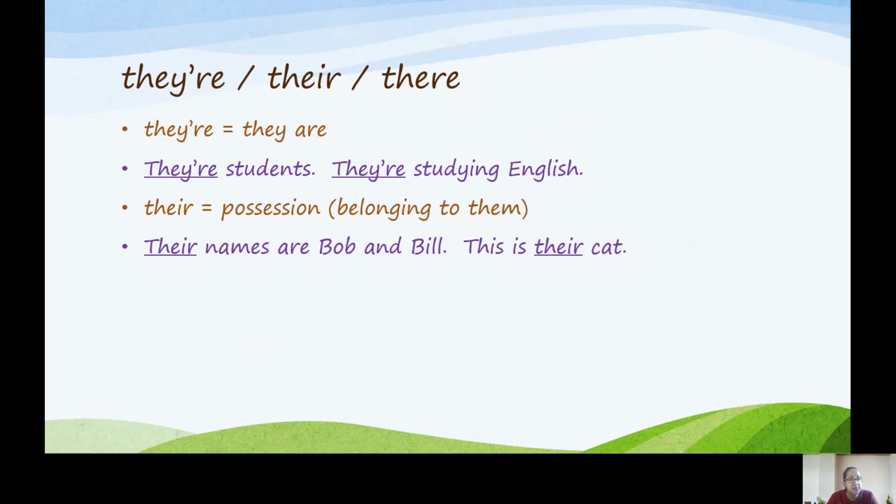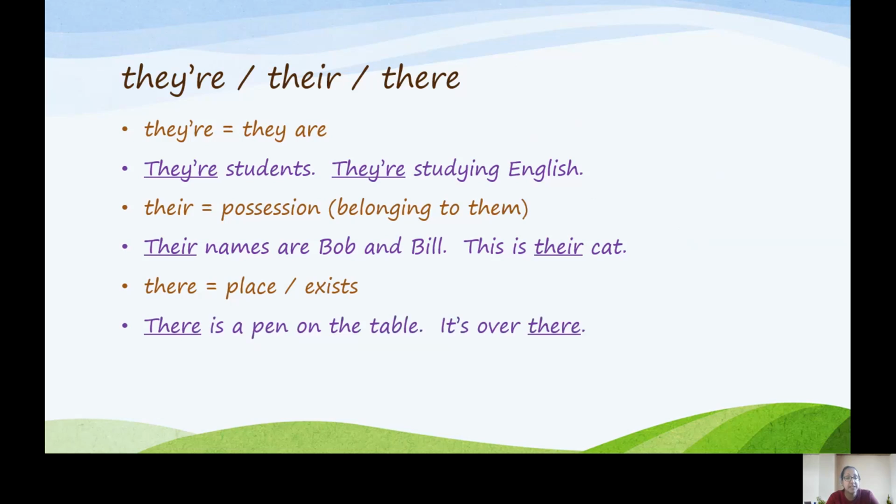So the names are belonging to them and the cat belongs to them. And there is also a place or showing that something exists. For example, there is a pen on the table. It exists, it's there. It's over there. We're saying where it is.